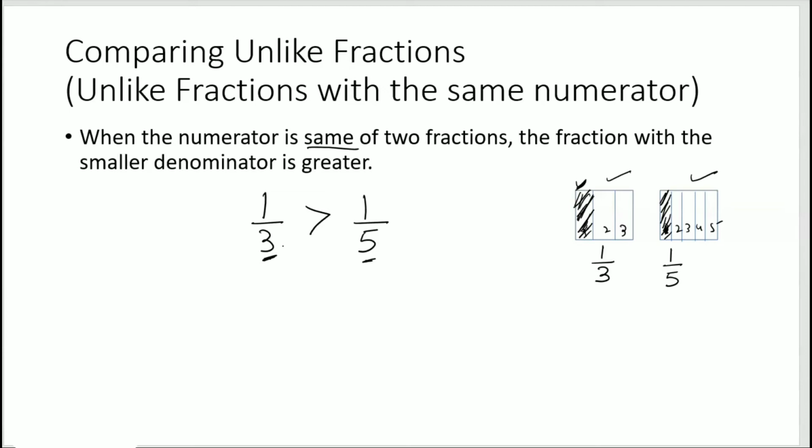Let's take one more example. 3 over 5 and 3 over 7. So again, the numerators are same. Check the denominators. Smaller denominator, and this is the bigger denominator, right? So smaller denominator means just the opposite. That means 3 by 5 is greater than 3 by 7. Okay.